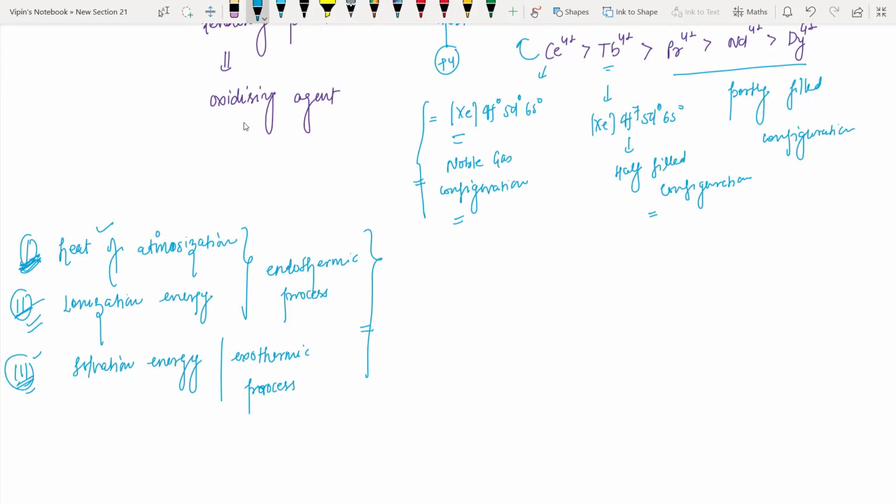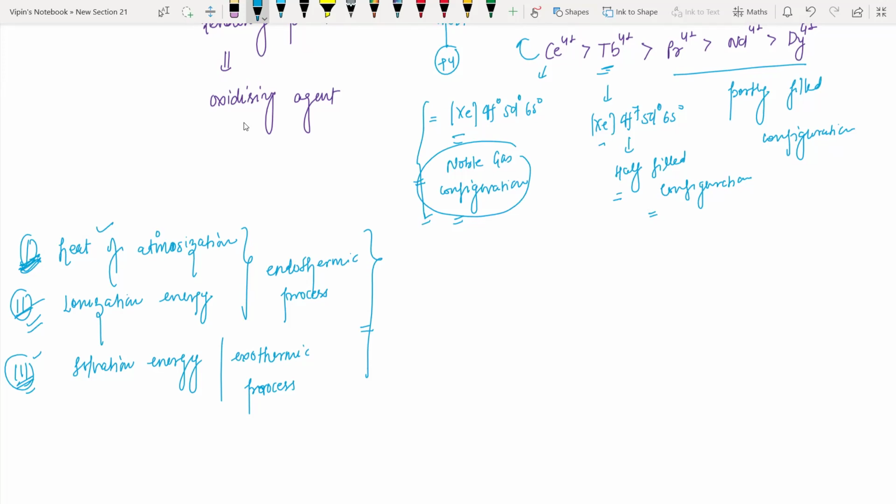The order of cerium, Tb. In case of cerium, it is very easy because noble gas configuration is the most stable configuration, so most stable, and Tb 4+ is a less stable configuration, so less stable ion, right? These three ions have partly filled configuration, therefore they are less stable as compared to cerium and Tb.